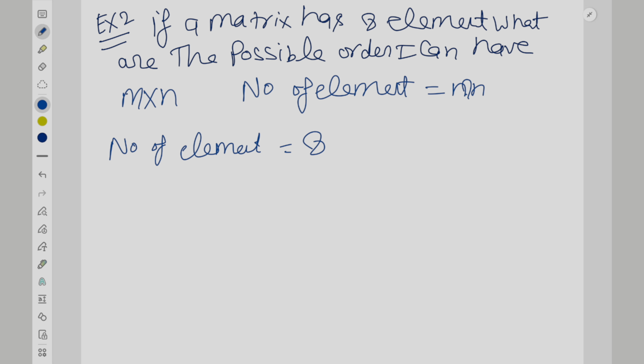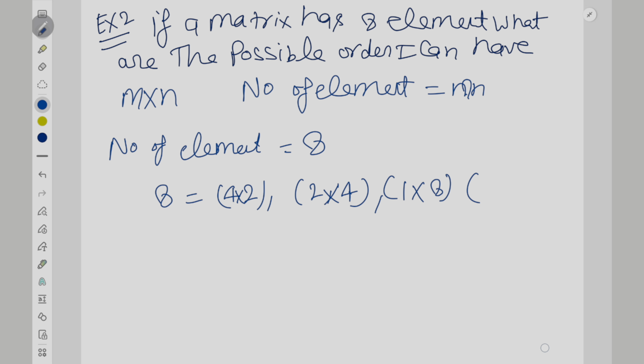We need pairs of natural numbers whose product is 8. The first pair is 4 times 2 is 8, the second pair is 2 times 4 is 8, the third is 1 times 8, and the fourth is 8 times 1.